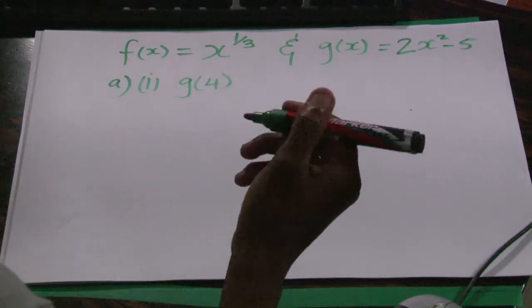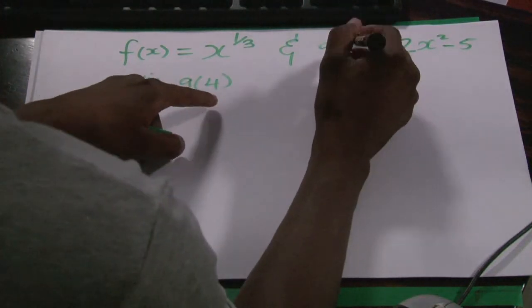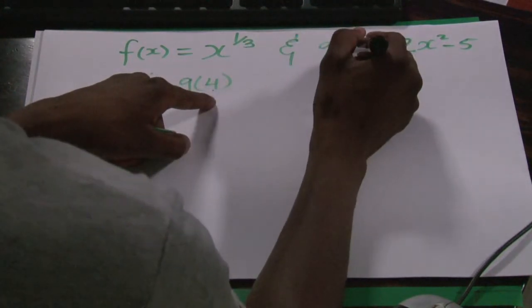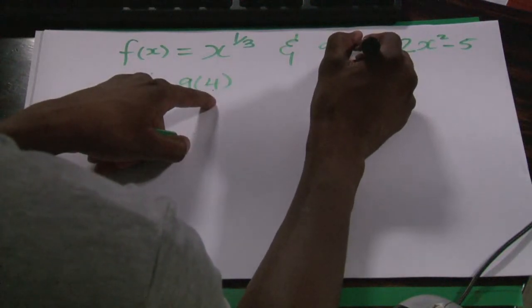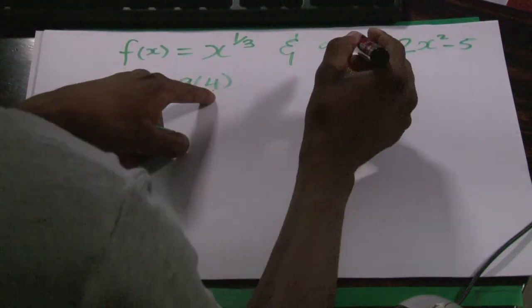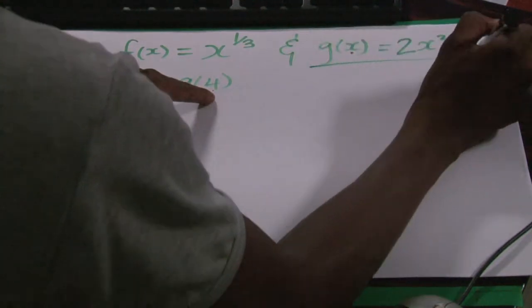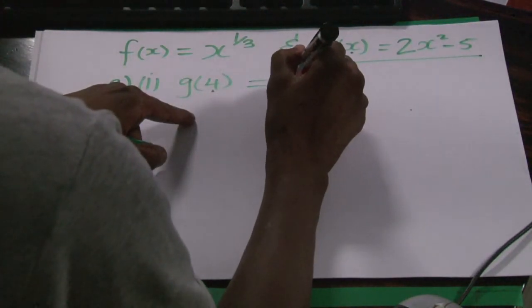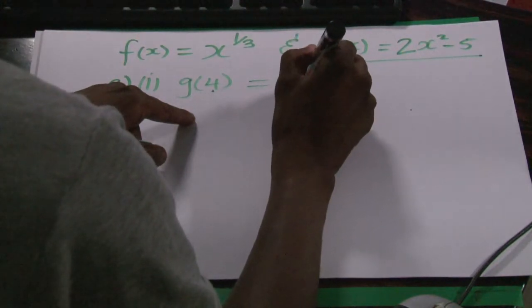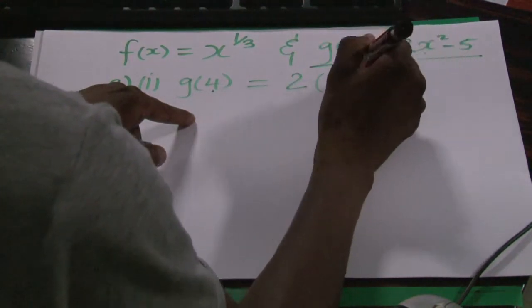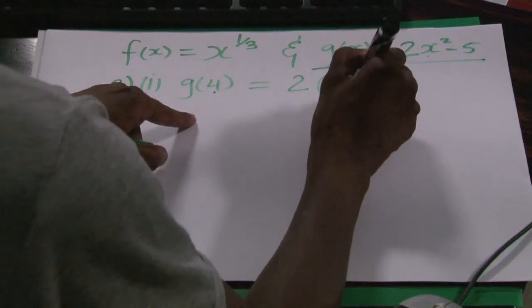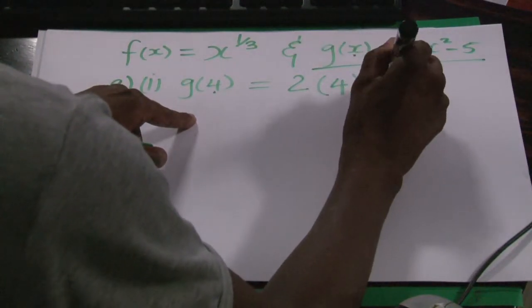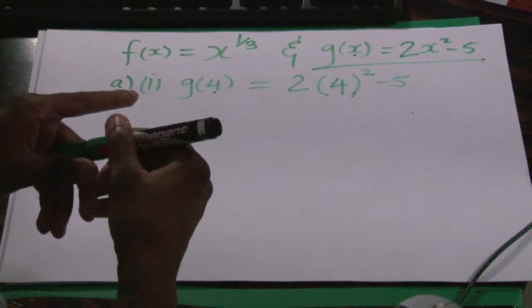So if you check very well in this equation, 4 is exactly at the place of x. So this would mean that wherever you see an x here, you should put a 4. So this will be 2 brackets 4, then squared, minus 5.